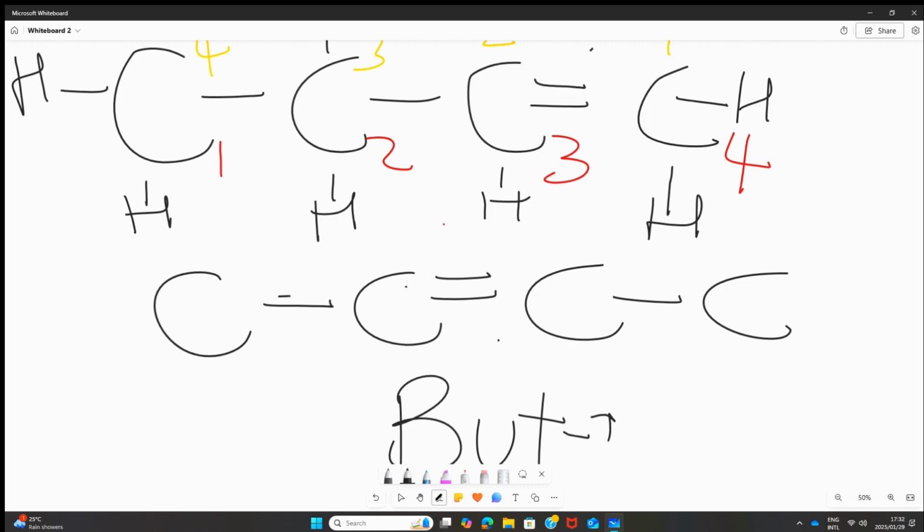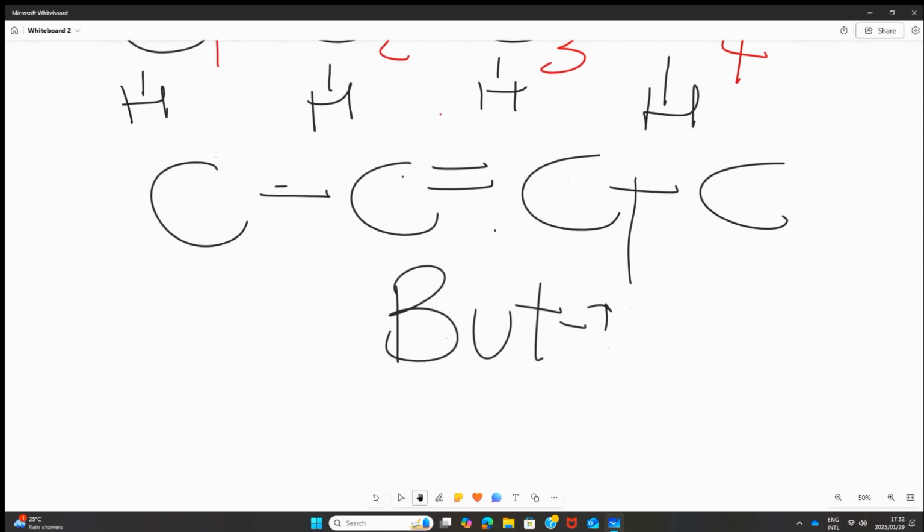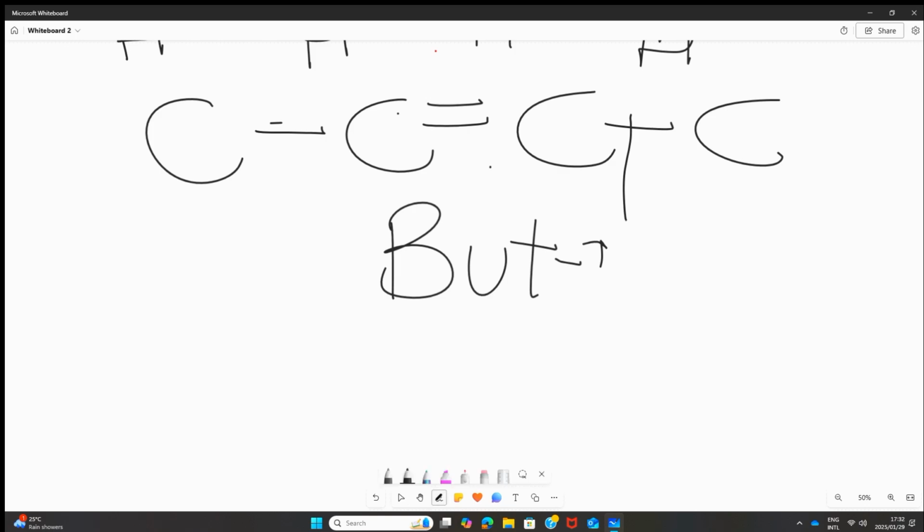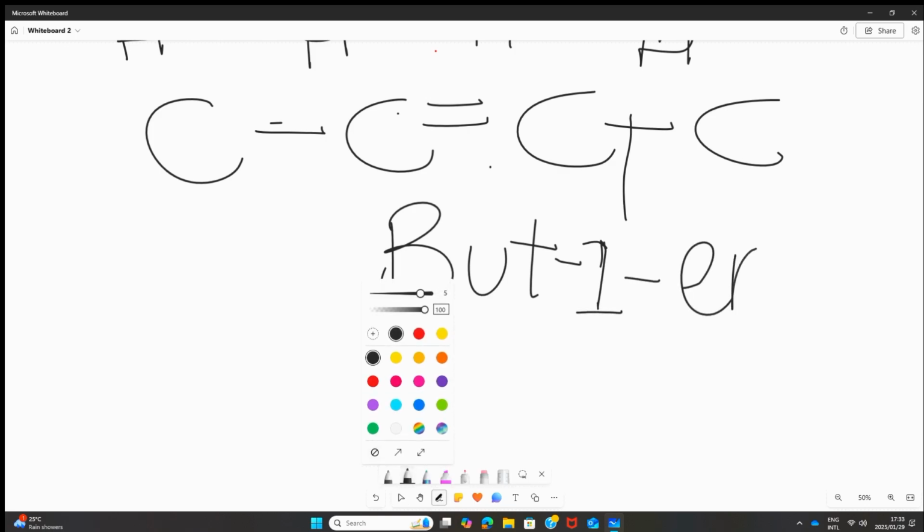But-1-ene, which has the suffix for your alkenes. So just to summarize a bit, for your alkenes, the suffix is always ene, and then we give the position of the carbon number in which we find the multiple bond.